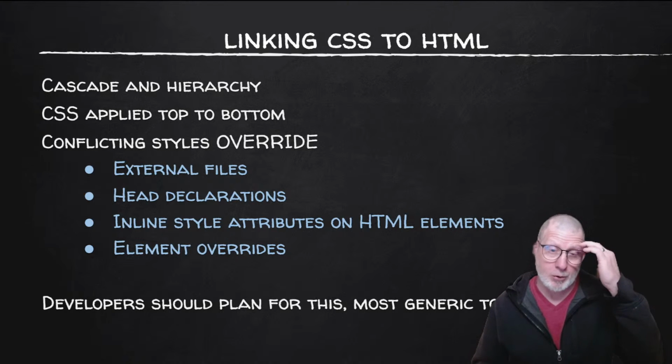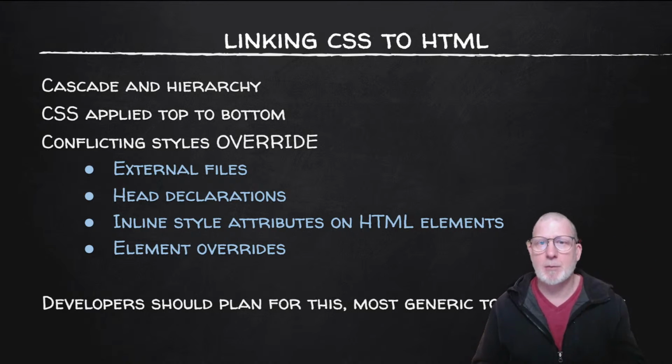In other words, the order in which they happen in the HTML file is the order in which they get applied to the rest of the elements in the body section. If two different locations change a style on the same element, the last one in wins. The last one to change it wins.